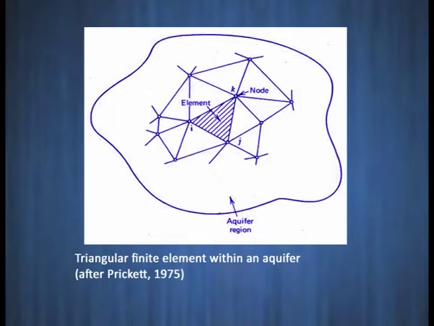Generally, the whole aquifer is divided into triangles, and the corner of a triangle is known as a node. So, one triangle is one element of the aquifer. We will count all the elements in this method and determine the flow of the whole area. And now there are different computer programs made for solving the equations.